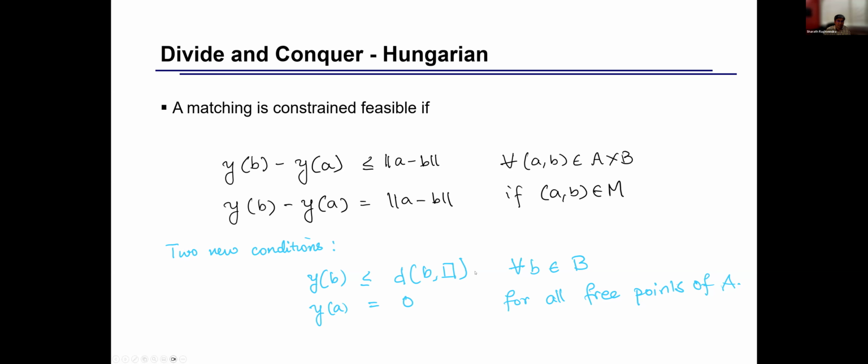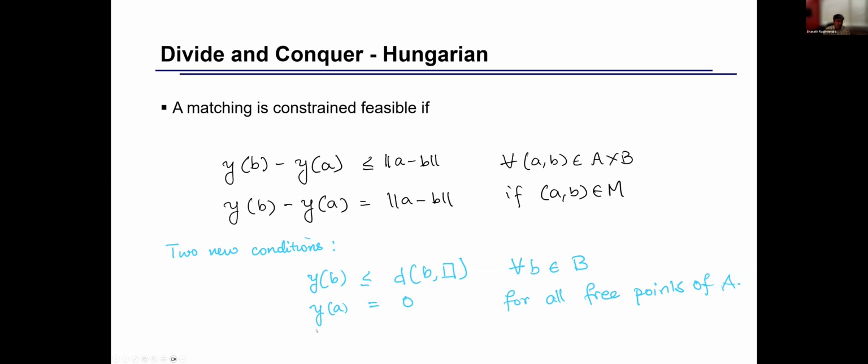So we basically enforce that the dual weight of no point of B goes outside the boundary of the subproblem. And the second condition we add is that all free points of A have a dual weight of 0. So these are the two additional conditions that we introduce.